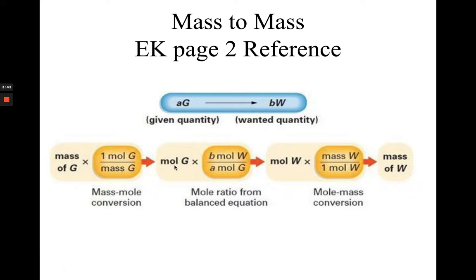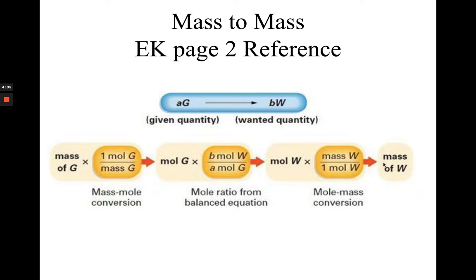Then you're trying to figure out, well, how much can I give him of what he wants? So there's my starting ingredient. Here's our mole ratio. We're able to pull that down directly from the equation and cancel factors to get moles of what we want. But since most people don't speak in moles, they speak in grams, we'll have to convert moles of what we want to grams of what we want by multiplying by the molar mass of that thing to get the mass.